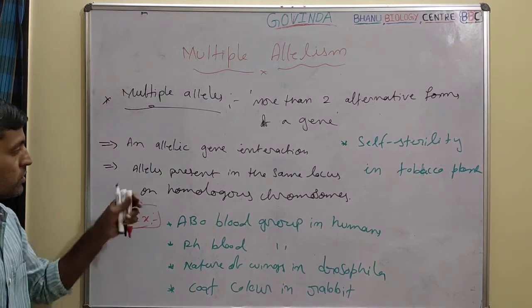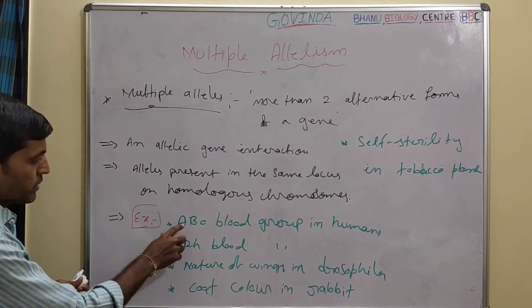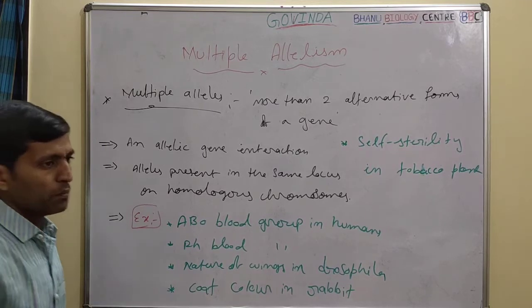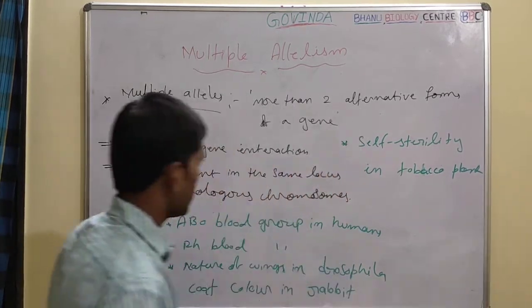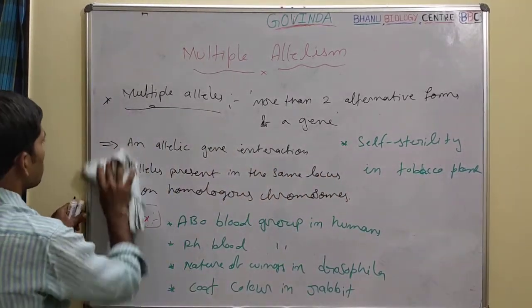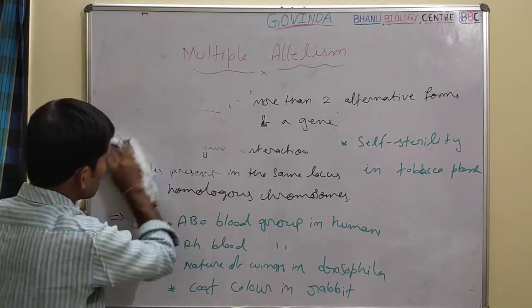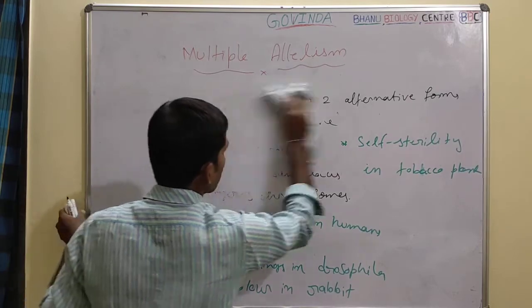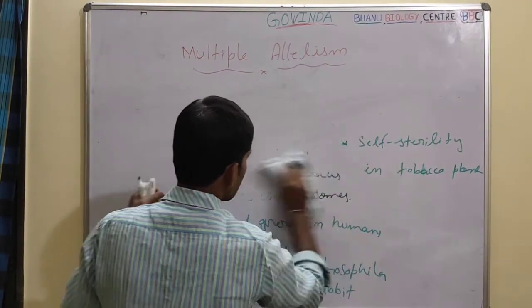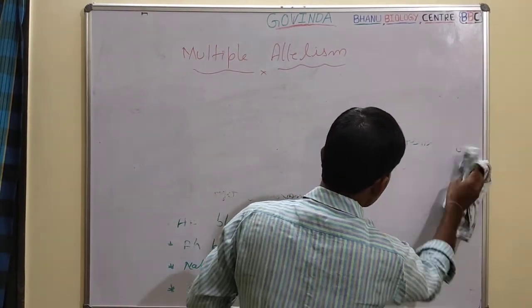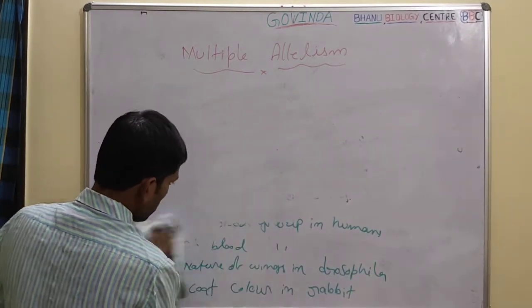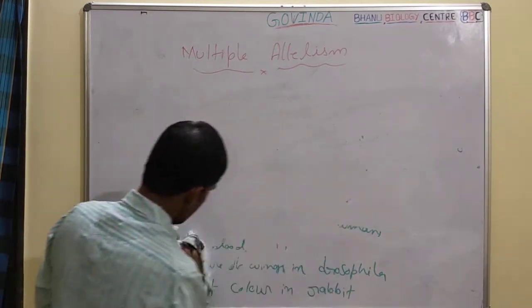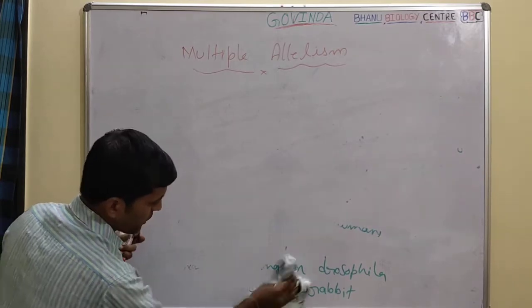In this video, I take ABO blood group as an example and explain the influence of more than two alleles in determining the blood groups. The basic point about ABO blood group is that they were found by Carl Landsteiner.